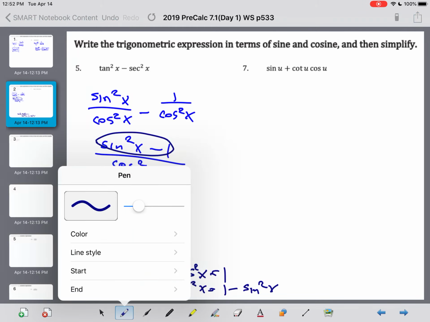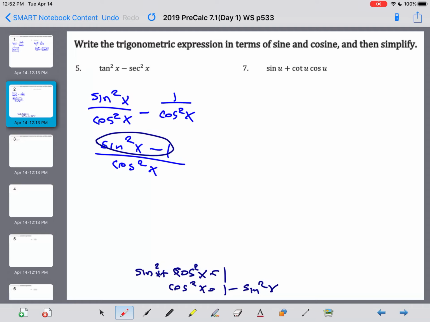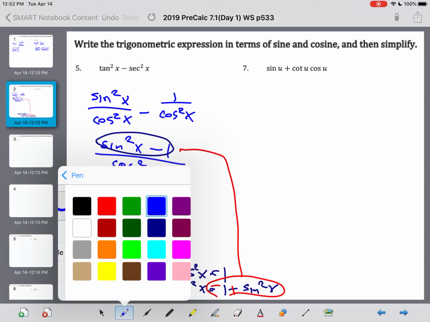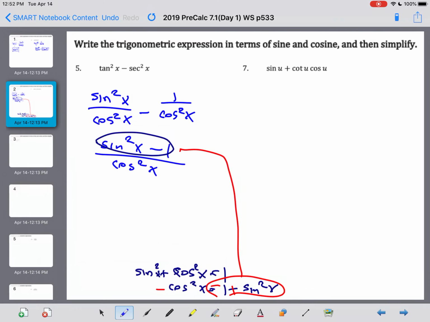But in this case, I have a sign switching going on here. So actually, if I switch this sign, and switch that sign, then this is actually equal to that. So what that then means is I can substitute negative cosine squared x over cosine squared x, which comes out to be negative 1.